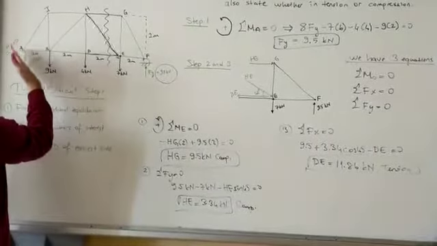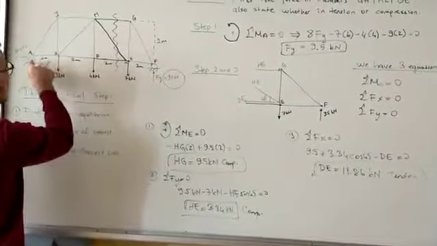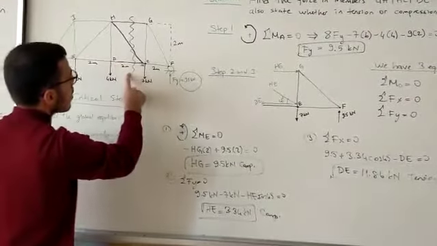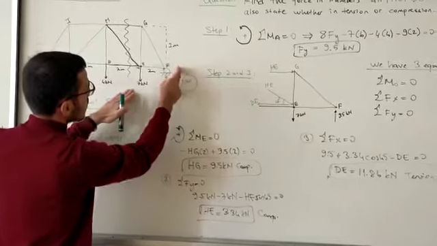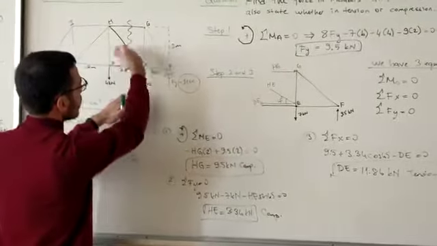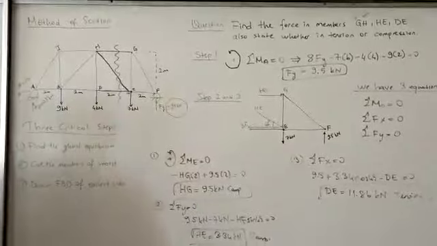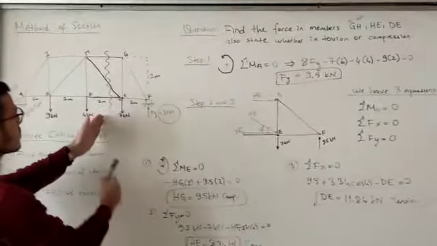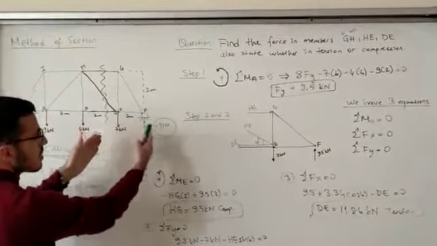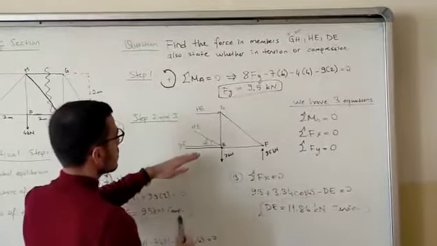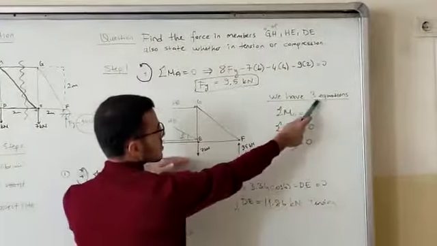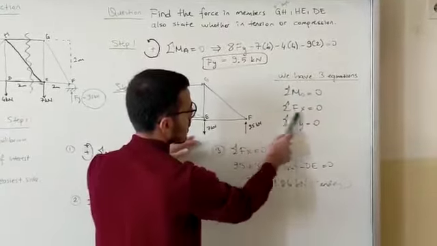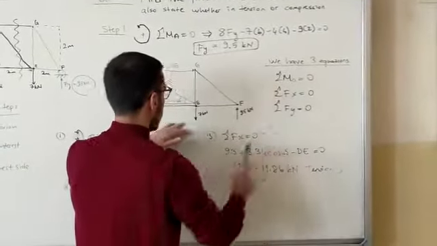Start here and find all the members first, the forces of these members, and then come here, or start with the F joints and then come here to find the forces of these members. I want to use this side because this is the easiest side, and here we have three static equilibrium equations: total moment equals 0, total Fx equals 0, total Fy equals 0.